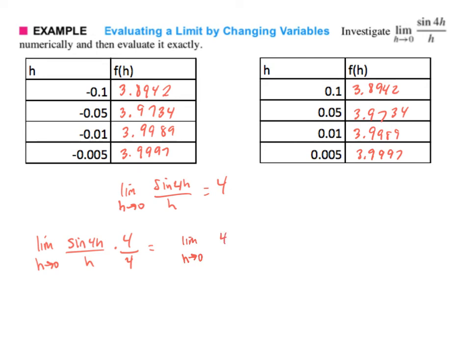So that extra 4 in the numerator I don't really care about right now because I need to fully isolate my theorem. And once I clearly see my theorem from the previous page of notes, then I can state, well, sine theta over theta as h goes to 0 is equal to 1, and therefore this is equal to 4 times 1, or 4.